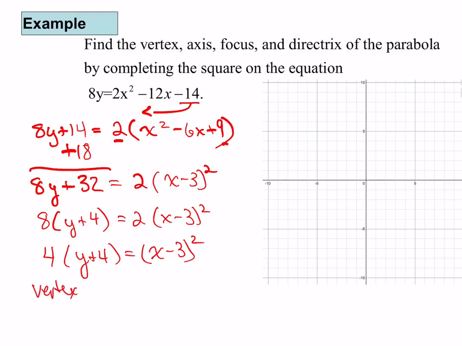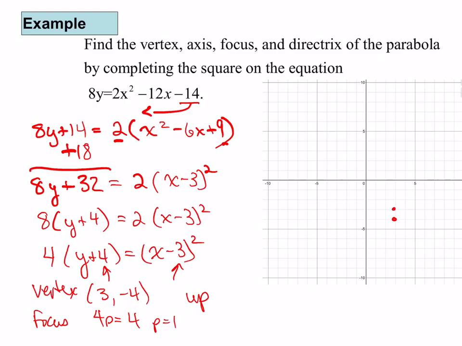So, vertex. What do we got? Well, (3, -4). Focus. 4p equals 4, so p equals 1. And what's our direction on this one? x is squared and it's positive, so this one's up. So let's see, (3, -4), right here.